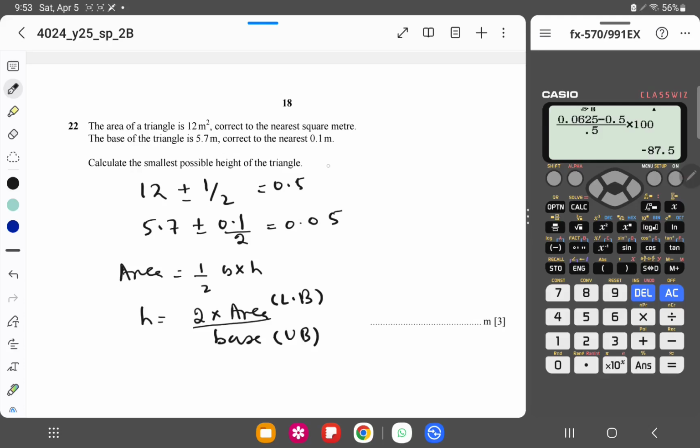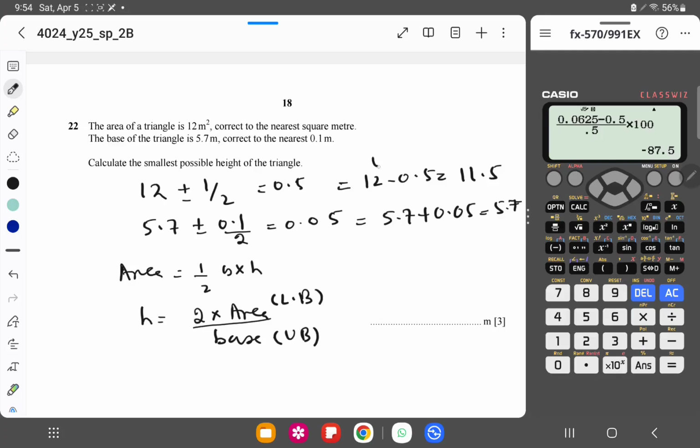The lower bound for the area is 12 minus 0.5, which is 11.5, and 5.7 plus 0.05 becomes 5.75.